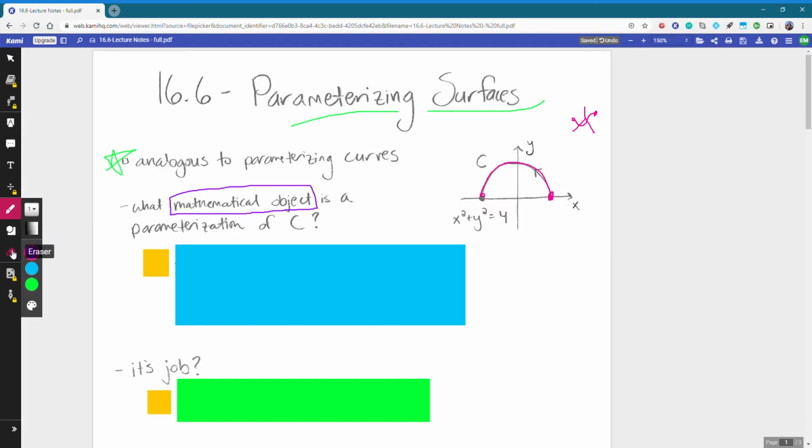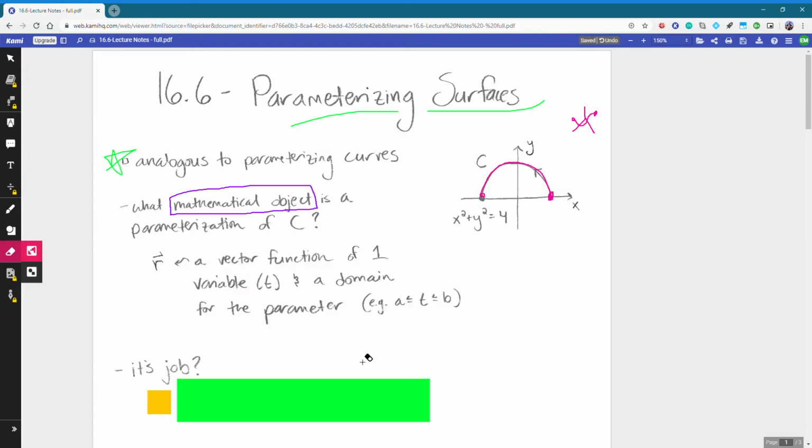Well, as a step in the right direction, we might recall that normally we give these things the name r hat, but that doesn't really answer the question. What kind of mathematical object is r hat? Well, it's a vector function.